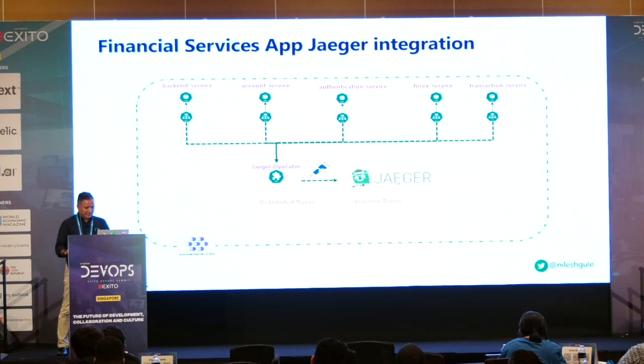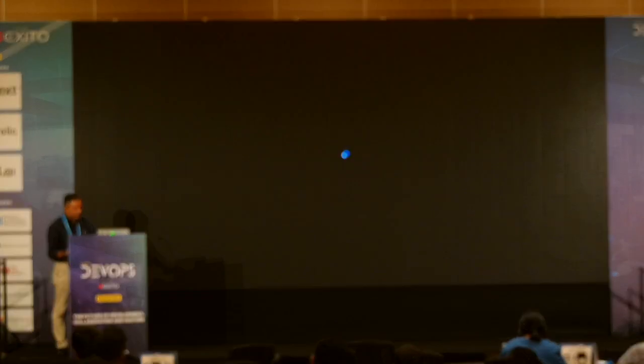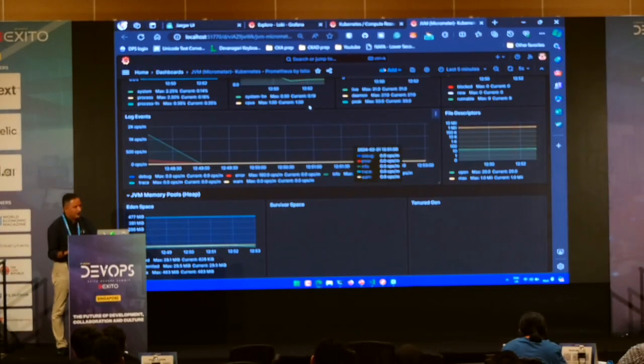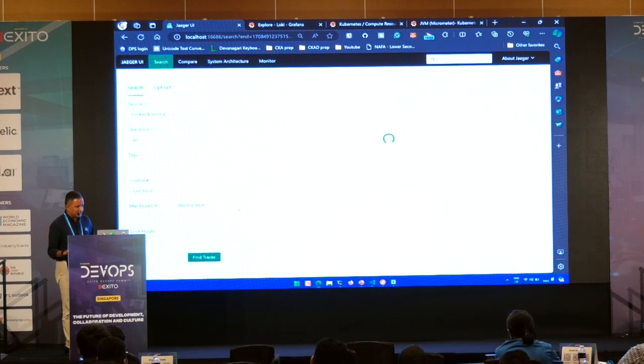So for this demo, I'm using again the OpenTelemetry collector, and it's sending the distributed traces to Jaeger. And to visualize those traces, we can go into the Jaeger UI and find the traces here.